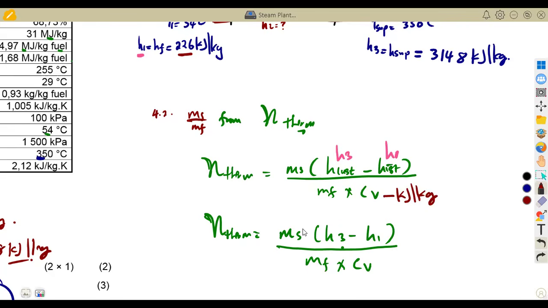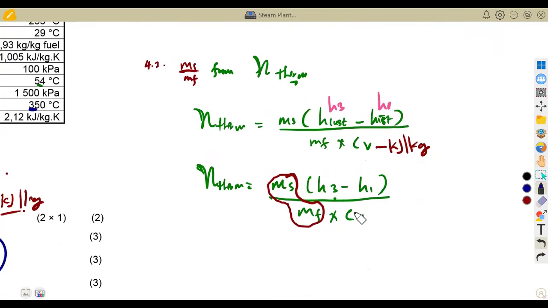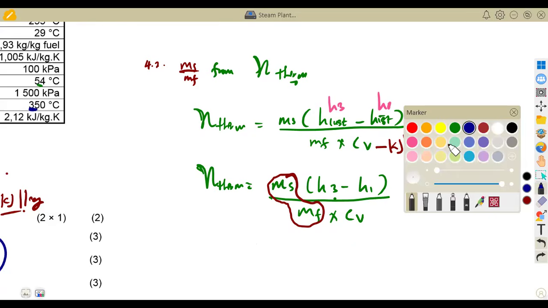So as we need the mass of steam over the mass of fuel, how can we make this the subject? Take note, we're simply going to take this to the other side. We multiply by it, then we divide by this one. We multiply by this side and divide by this, and we are left with exactly what we want.